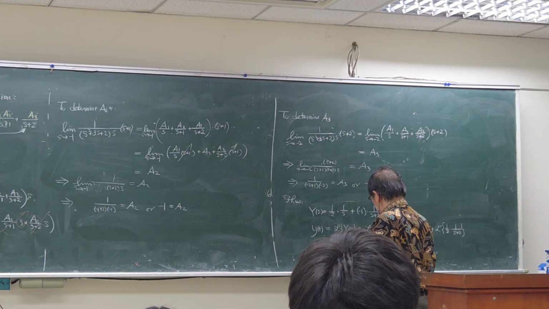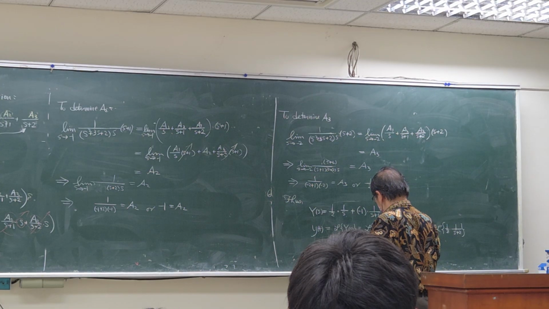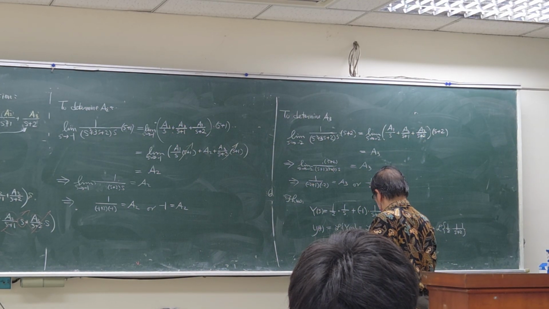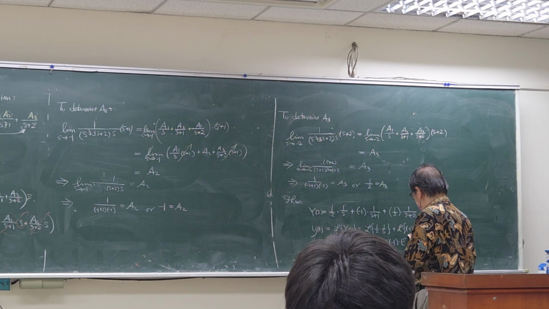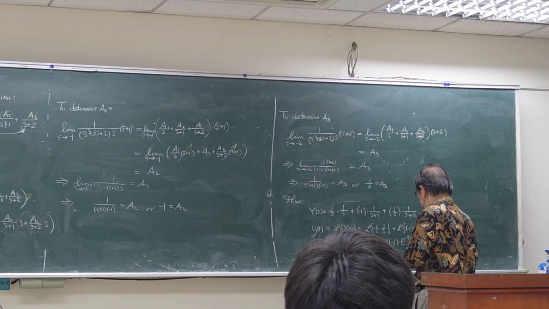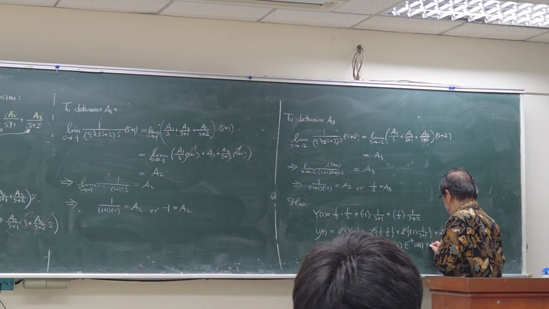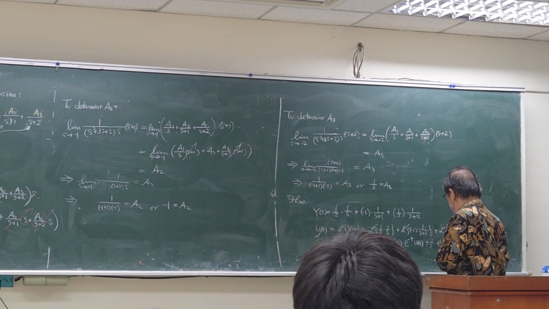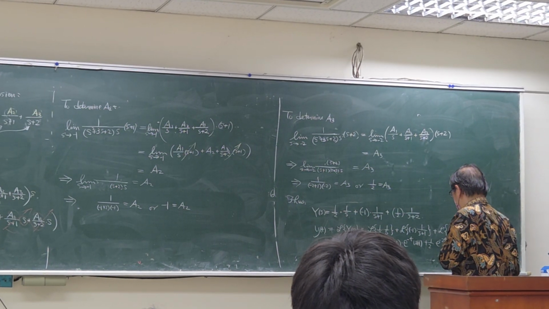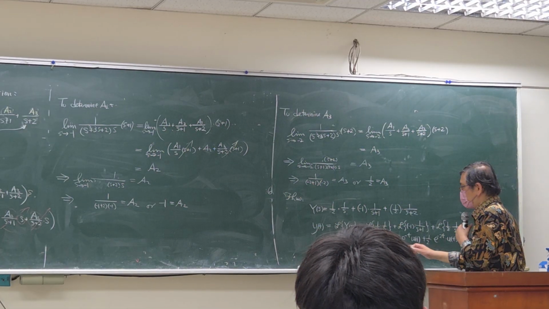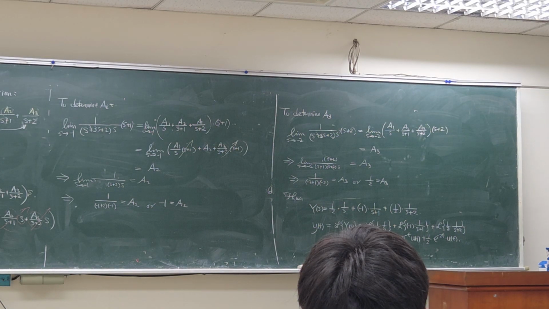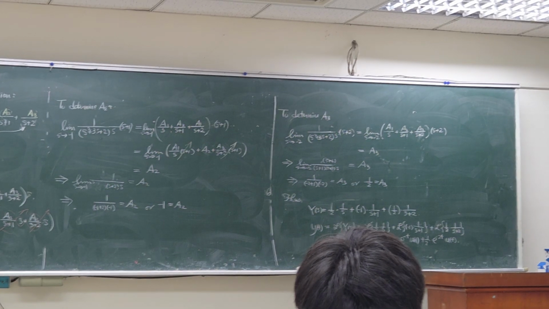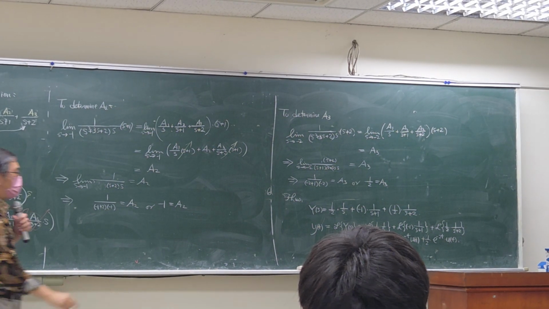So this is equal to 1/2 times the unit step function, which is 1. And then minus 1 times the exponential function e to the negative t times the unit step function. And then plus 1/2 times another exponential function e to the negative 2t times the unit step function. Now, since we are considering the response for t greater than or equal to 0, we don't need to carry the unit step.